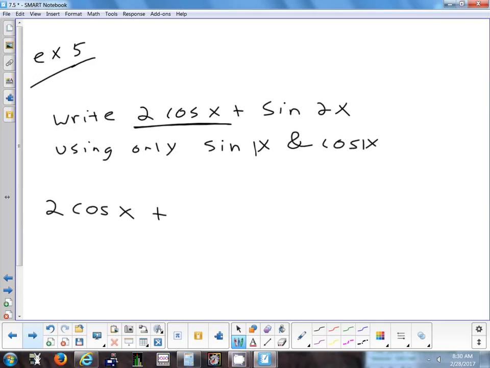And this is directly an identity. There's not anything too tricky with it. We just have to know what is sine 2x. Well, we could do that and then figure all that out again, but we've already done that. So we have the simplified version of what you just said. What is sine 2x? This is from yesterday.